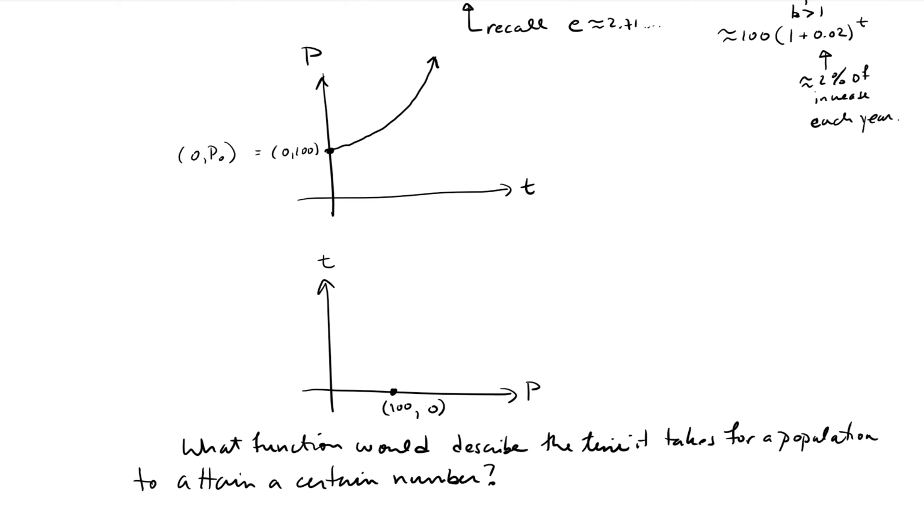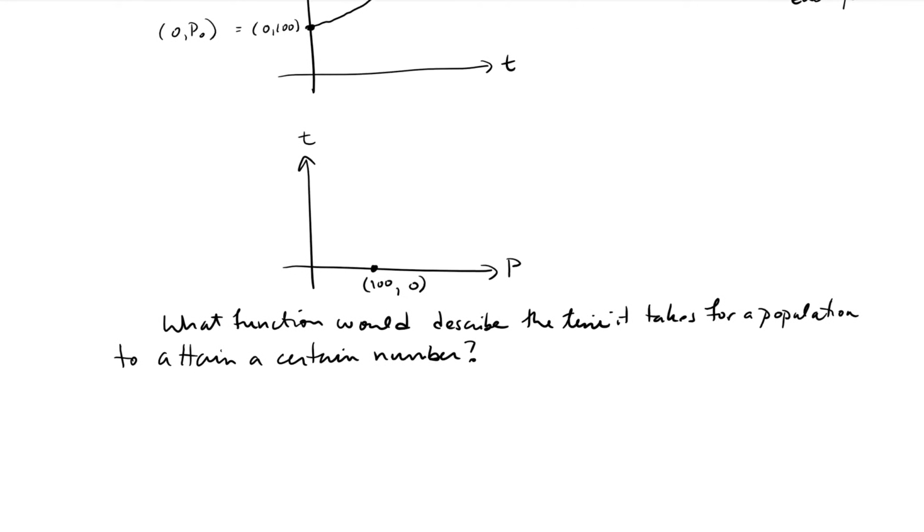Okay. So once again, the idea behind this is that initially on my first graph, I'm giving time, and with a time value, I can decide what the population is, but now I want to go backwards. I want to know what the time is given a population size.